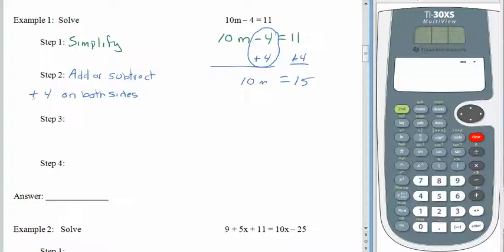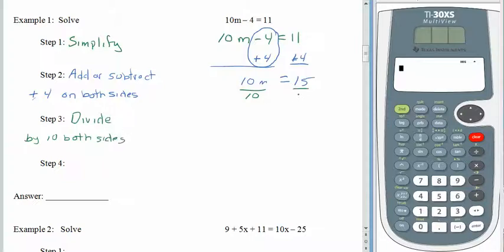Step number 3, we need to divide both sides by the coefficient on the variable term. And we look at this and we say, aha, I must divide by 10. And of course, we do this on both sides.